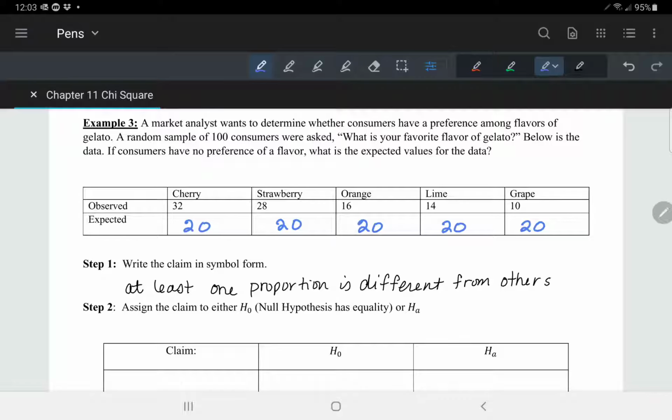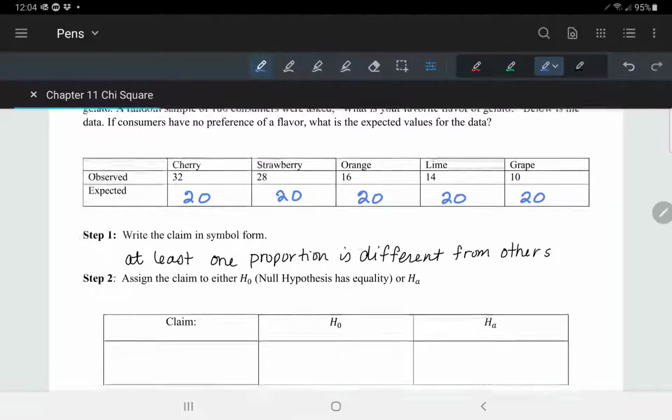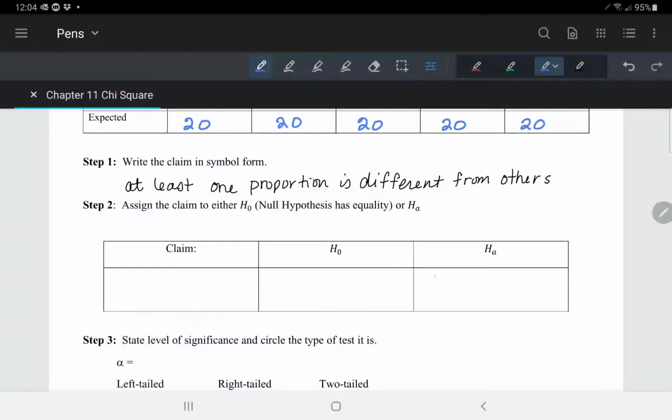So the claim is that at least one proportion is different from the others. This is going to be our alternative hypothesis. So we'll just say at least one proportion is different from the others.